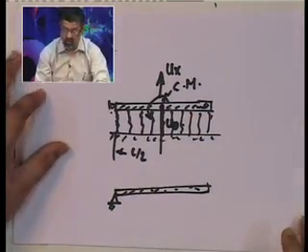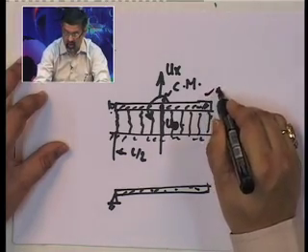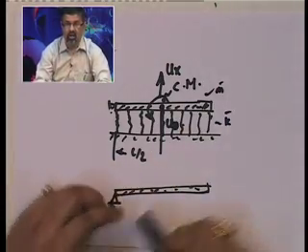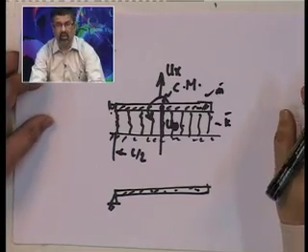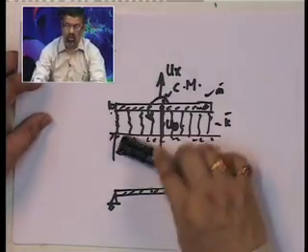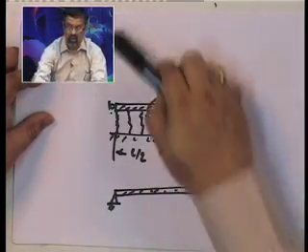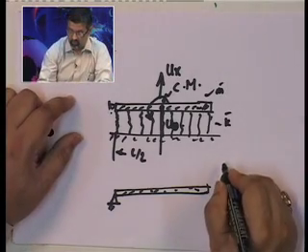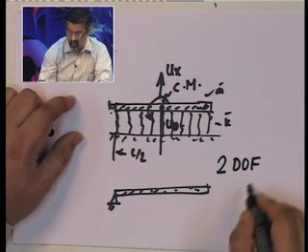So, if you have 2 degrees of freedom, I have k star and m star, and I have defined my degrees of freedom at the center of mass. Now, there are various ways. As far as we know that there are 2 unknown displacement quantities that can define the motion of this bar, we call it a 2 degree of freedom system.